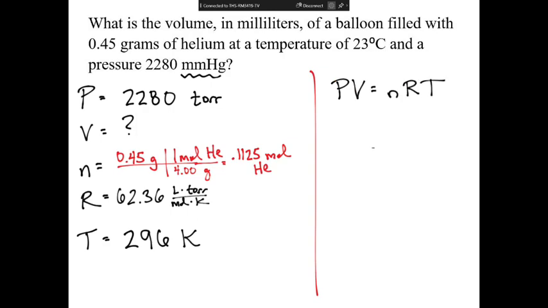If you like to plug in and solve from this point, you can. Or we could just go ahead and isolate volume. And then we'll have volume equals nRT over P. And then you're ready just to put those numbers in your calculator.